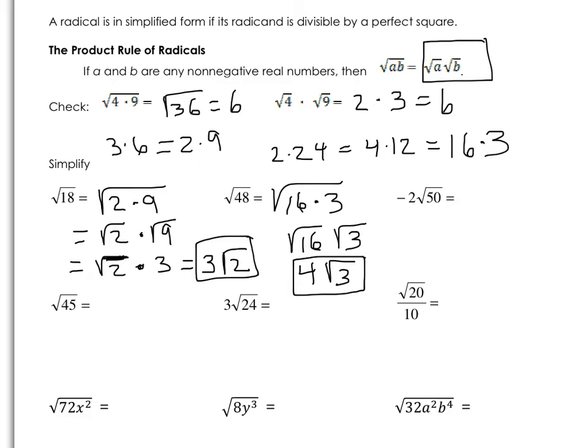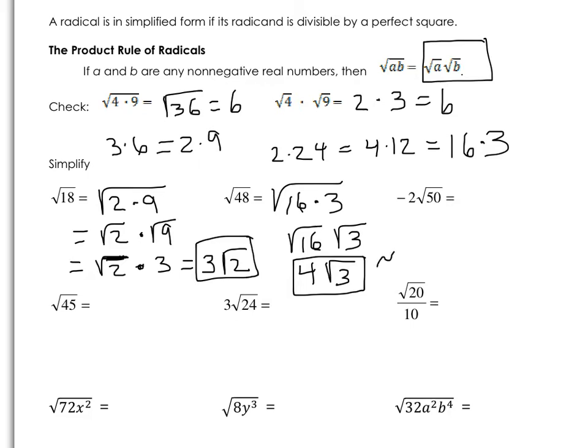Then take 4 times radical 3. You get 6.9282. You get the same decimal answer. So those are equivalent.